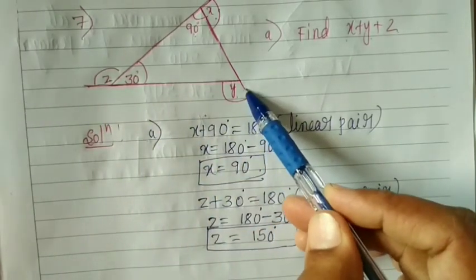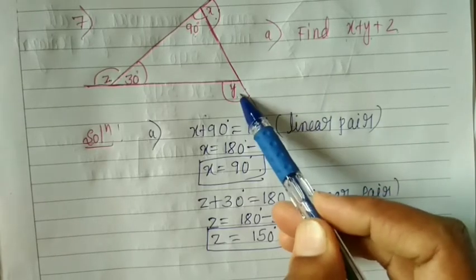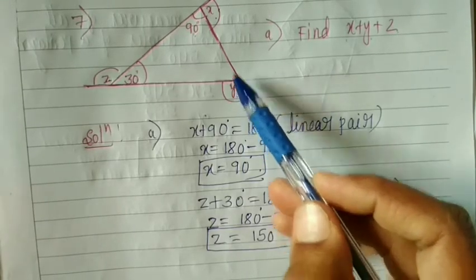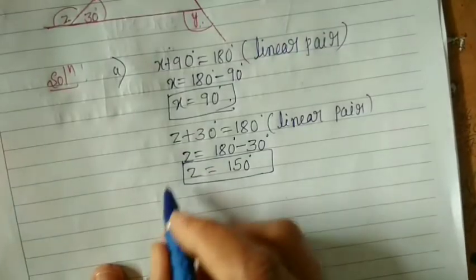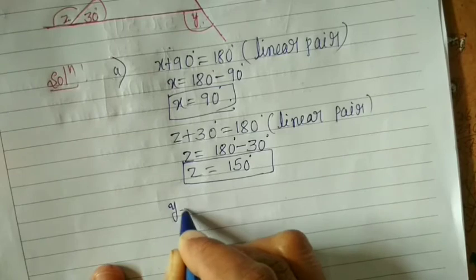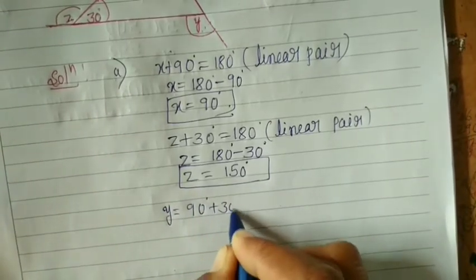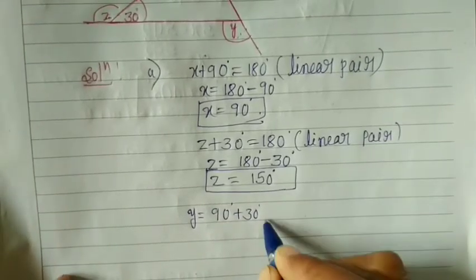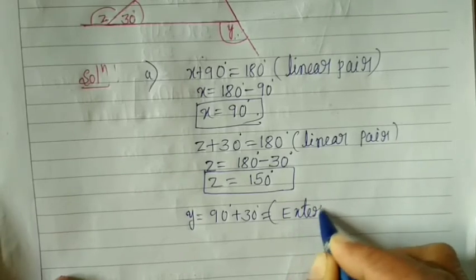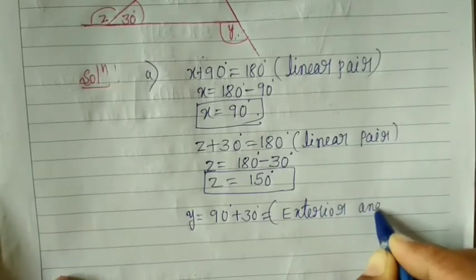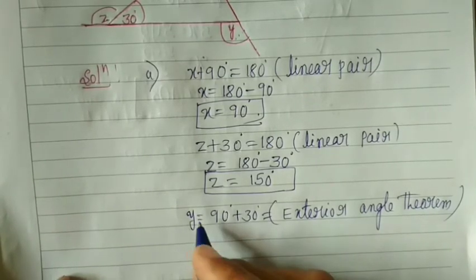The remaining is y. So, y is equal to 90 plus 30 degree, by the exterior angle theorem.